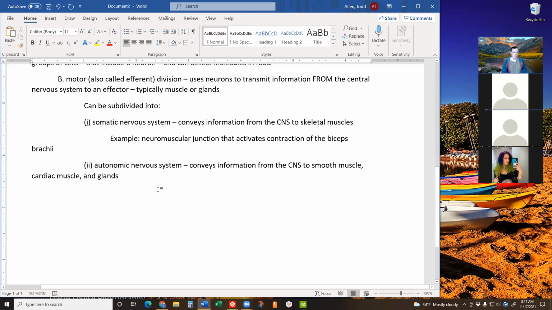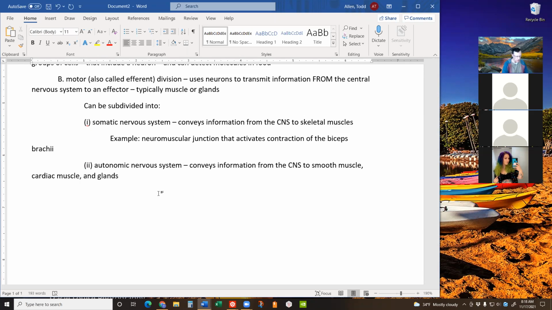Okay, so during your private study time, you're going to want to review this and perhaps make yourself some flow charts where you see the connectedness of one thing going to another thing, going to another thing, and make sure that you're okay with the hierarchical organization of the nervous system. Okay, the autonomic nervous system is further subdivided.